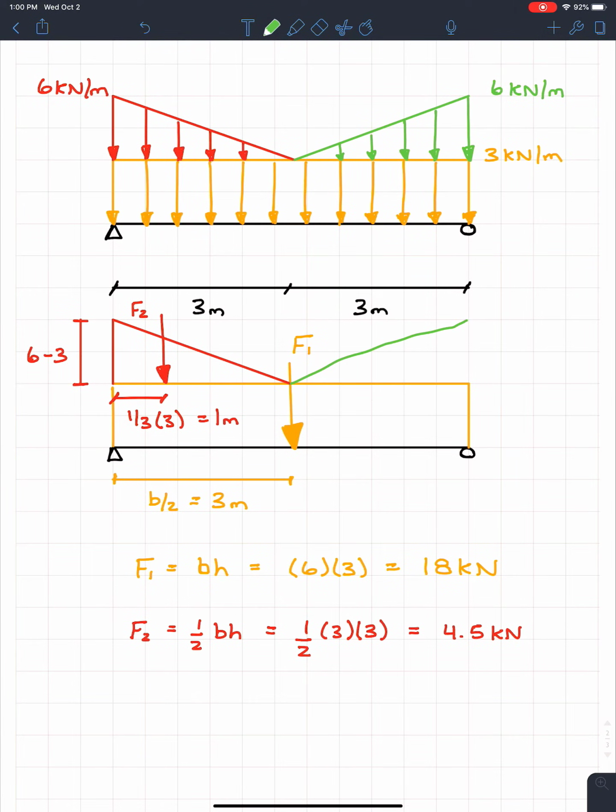Comes up to here, nice and easy. This one will come down, and we know that this one's going to also be 1/3 away from the big side. But remember, our whole goal is to try and get all these distances relative to the very left side of the beam. So in this case, we're looking for kind of this distance all the way from the left side of the beam to the force.